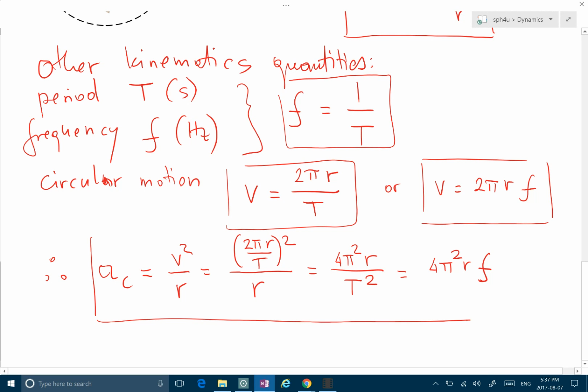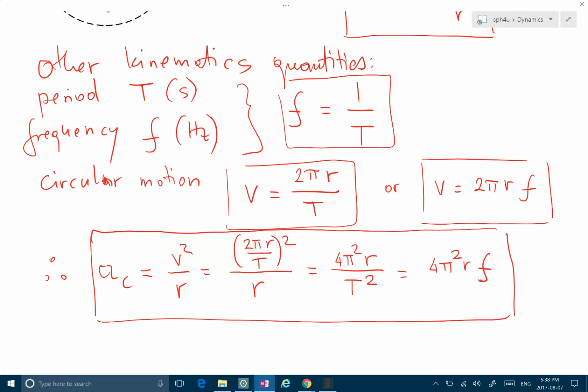This is another manipulated relationship that you might want to keep handy when you're solving uniform circular motion questions. So these were the main concepts and formulas related to those concepts for dynamics in grade 12.